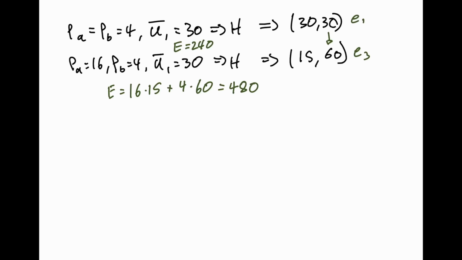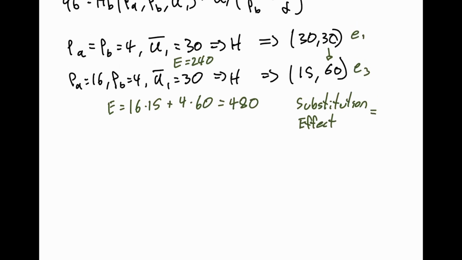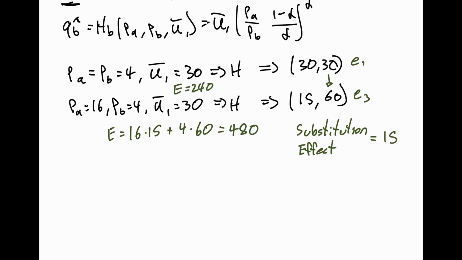But there's no reason you couldn't do it on the vertical axis. Okay, so here we've gone from 30 to 15, so the substitution effect is just the difference. So this is 15. Okay.